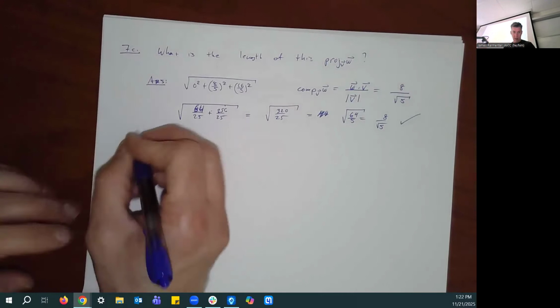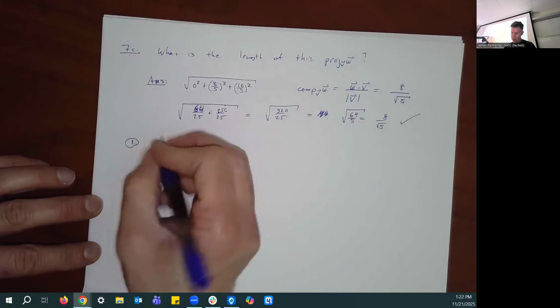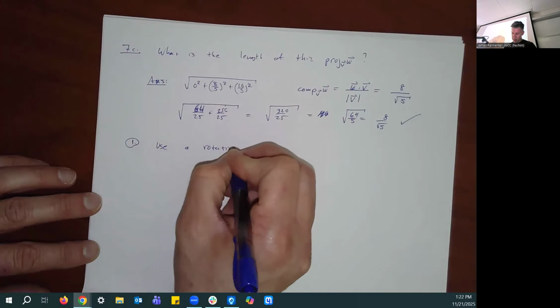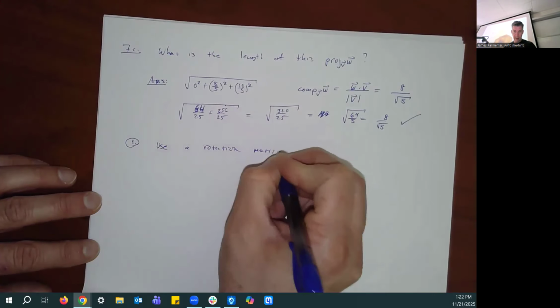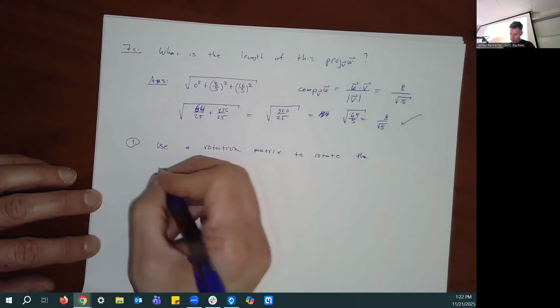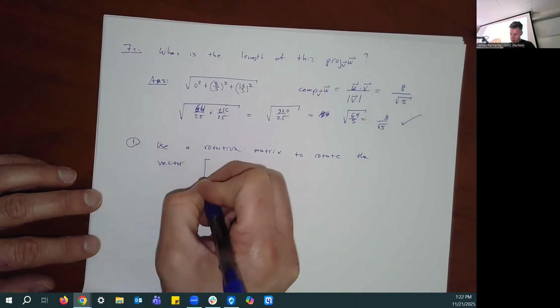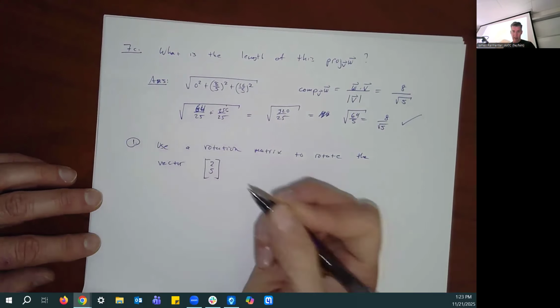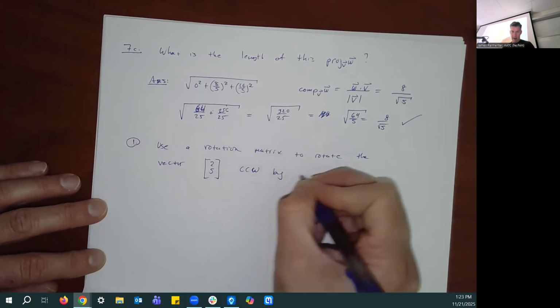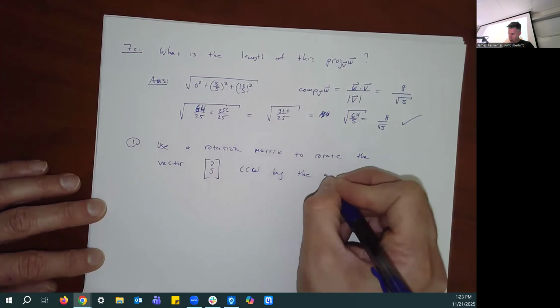So one was the very first question, which was: use a rotation matrix to rotate the vector 2, 5, doesn't really matter what the vector is, counterclockwise by the angle 3 pi over 4.